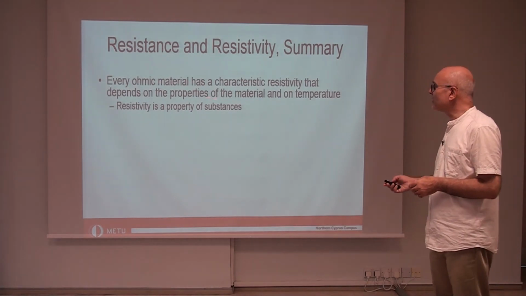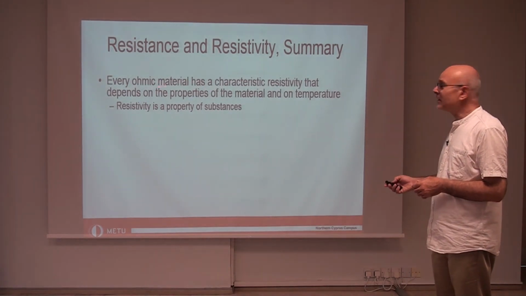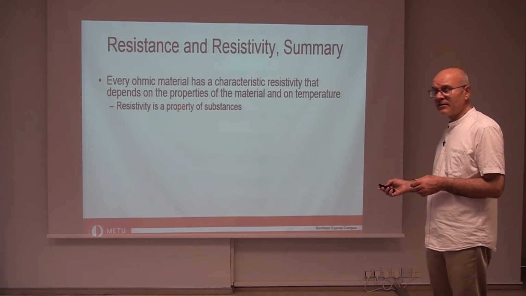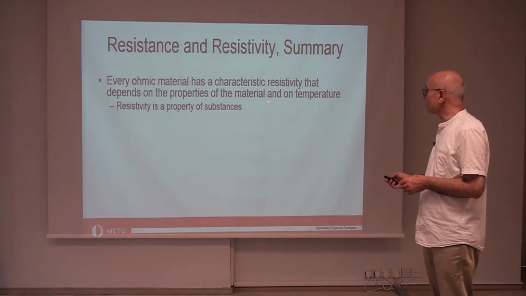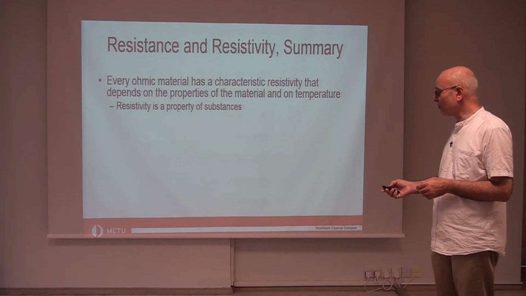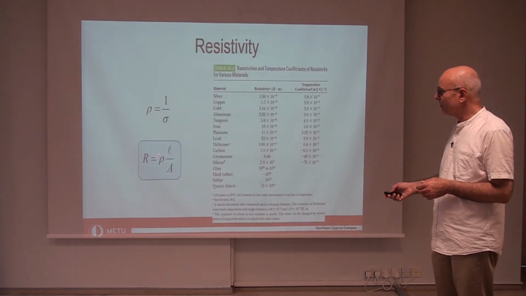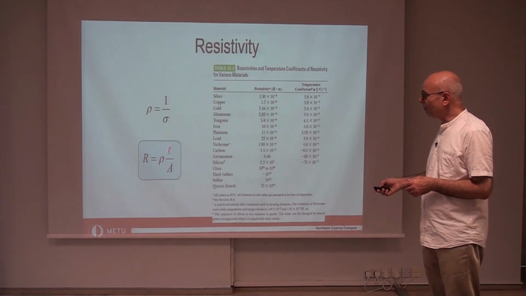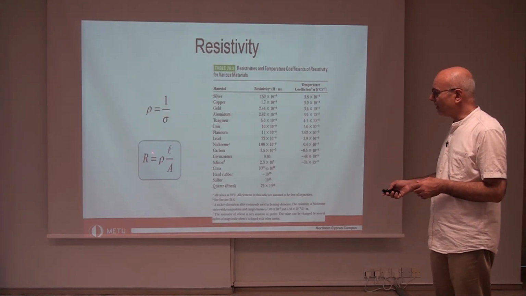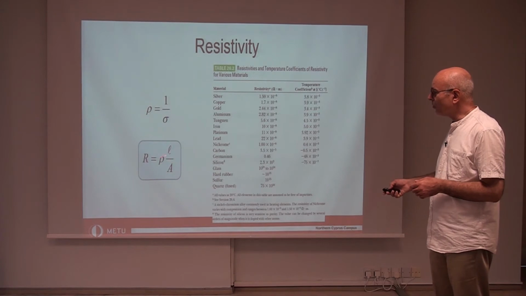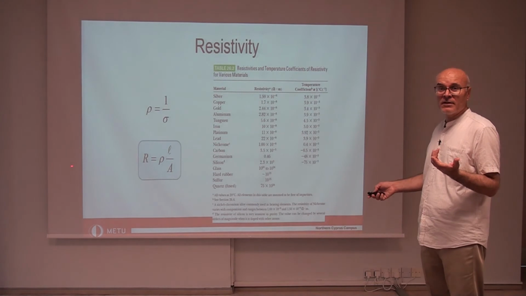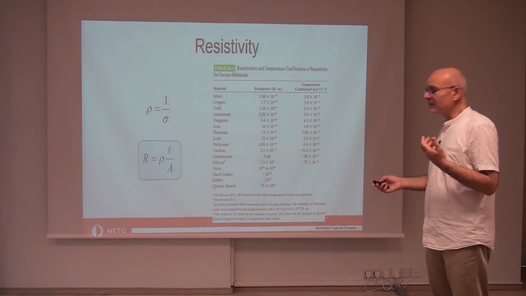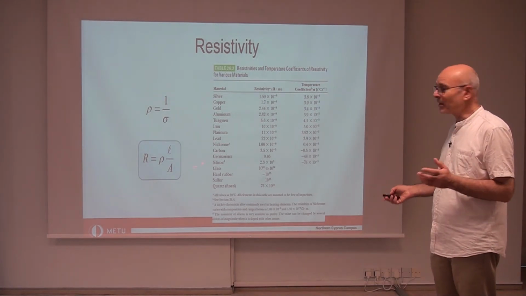So to sum up, every ohmic material has a characteristic resistivity that depends on the properties of the material and on temperature. This quantity rho is independent of L and A. I mean, R depends on L and A and rho. L and A depend on the geometry, but rho is independent of this. So it depends on the material, and I'm talking about an ohmic material.